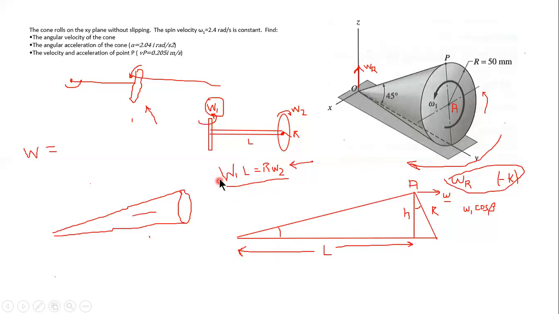So you're going to set up another deal like this, but instead of omega 1, it's going to be omega R. And instead of R, it's going to be this H. And instead of omega 2, it's going to be whatever this omega 1 cosine beta is. So that's going to be your overall omega. And then what is it that's making this omega 1 change direction?